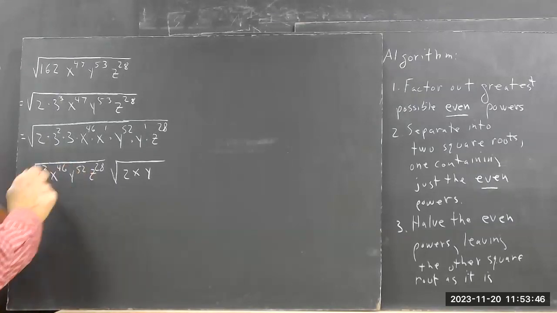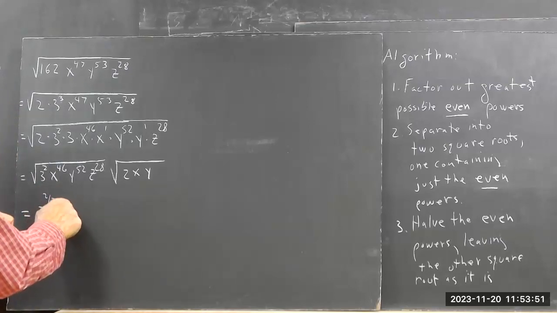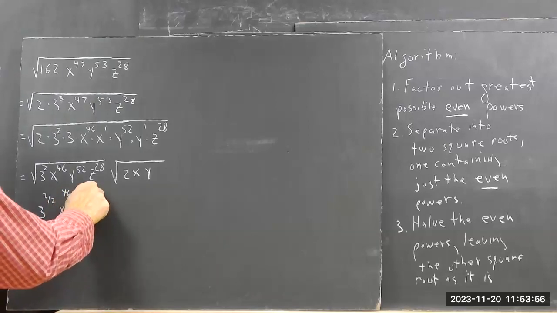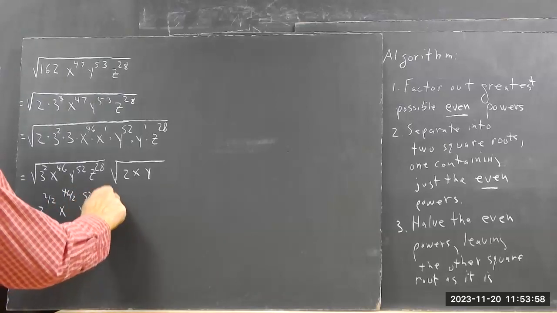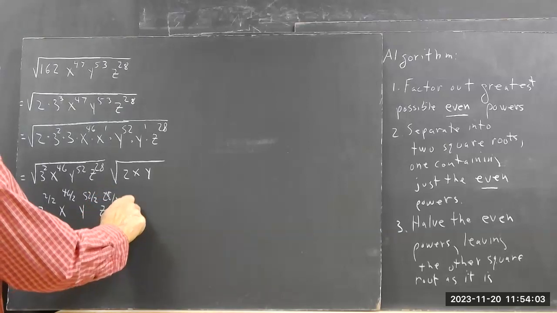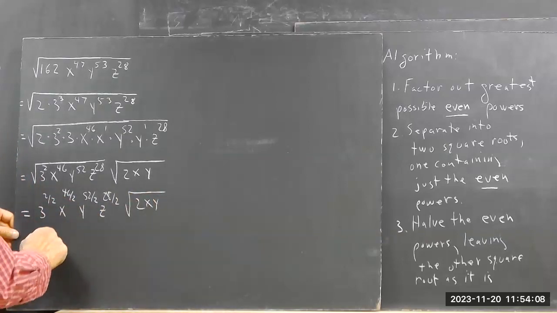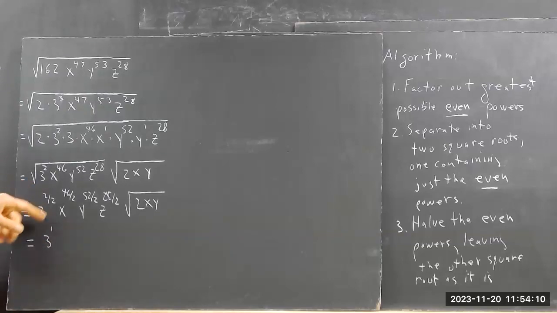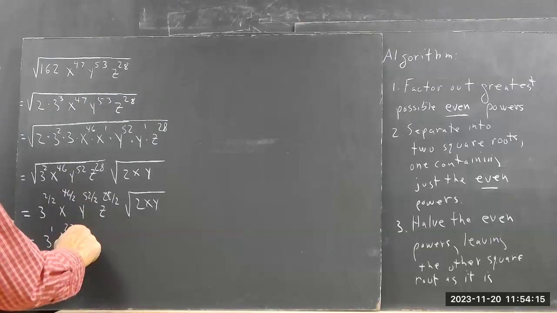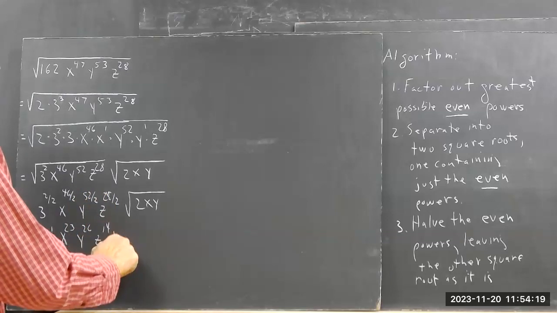Then we cut all the even powers under the square root in half. Two over two is 1, 46 divided by 2, 23, 52 divided by 2 is 26, 28 divided by 2 is 14.